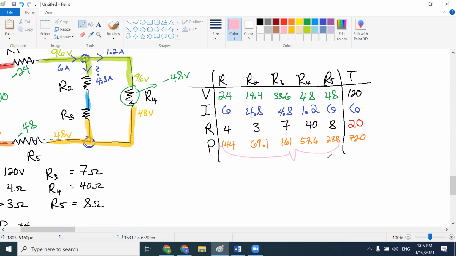Did we do it? 144 plus 69.1 plus 161 plus 57.6 plus 288. I got 719.7. Yeah, I'm comfortable saying that something got lost in rounding. I'm happy. You should be happy too.